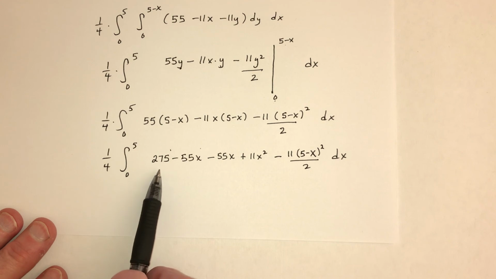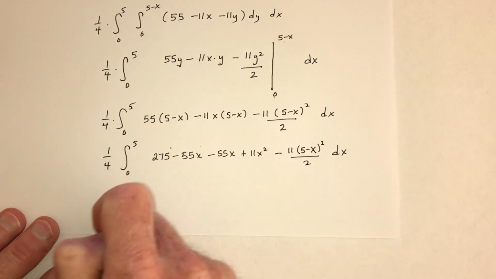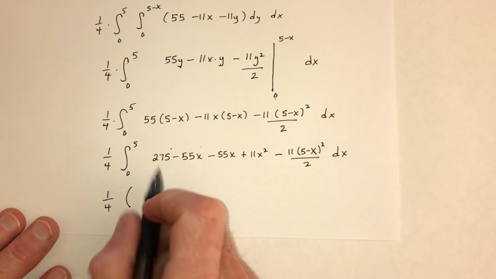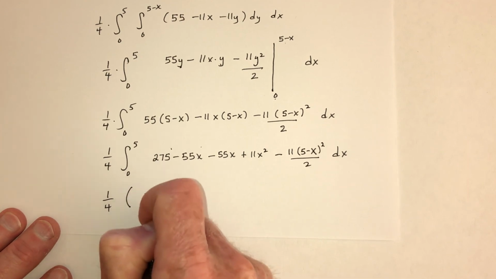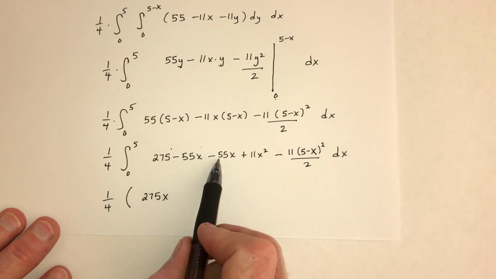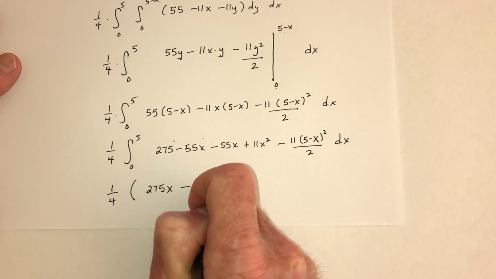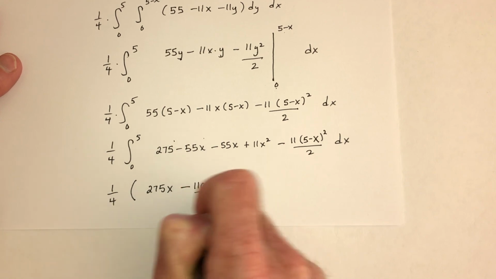Okay, so I'm ready to do the antiderivative. So the antiderivative here will be 275x. Combining these makes negative 110x. So that'll be negative 110x squared over 2.